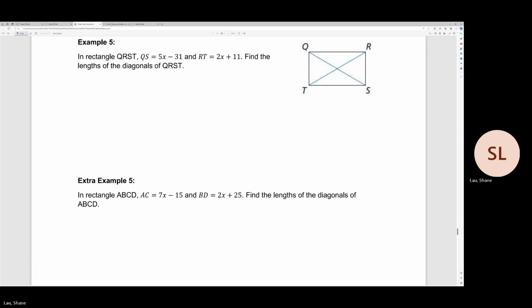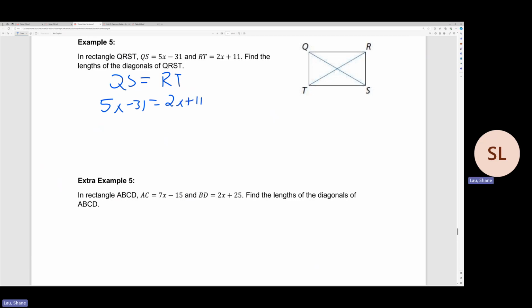Well, in order for this to be a rectangle, we need to figure out the correct x value to say that these are correct diagonals. So we're going to put these diagonals equal to each other because that's what we're supposed to do. So we know QS is supposed to be equal to RT. Put them equal to each other: 5x minus 31 equals 2x plus 11.